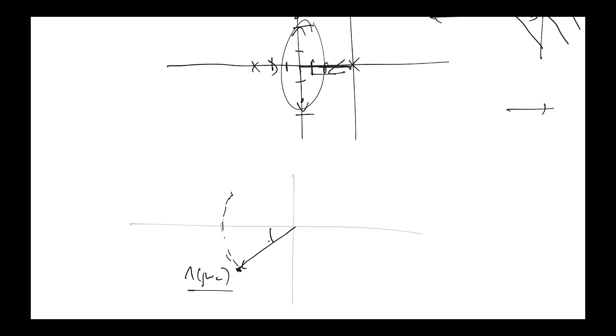There's your phase margin, and we've seen lots of times that this little vector here is 1 plus lambda. So the size of this is the magnitude of 1 plus lambda at the crossover frequency, and the output sensitivity function at the crossover frequency has magnitude 1 over |1 plus lambda(j omega c)|.